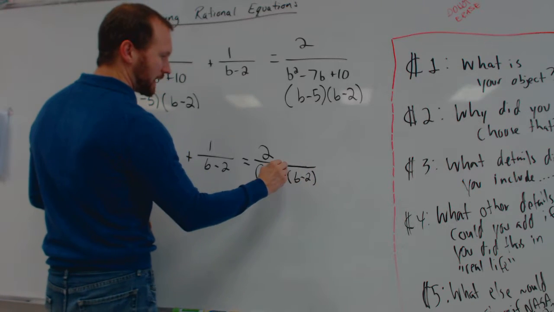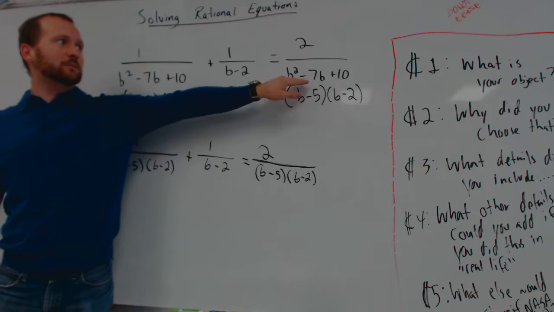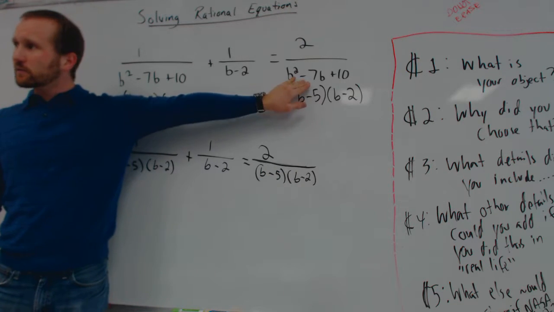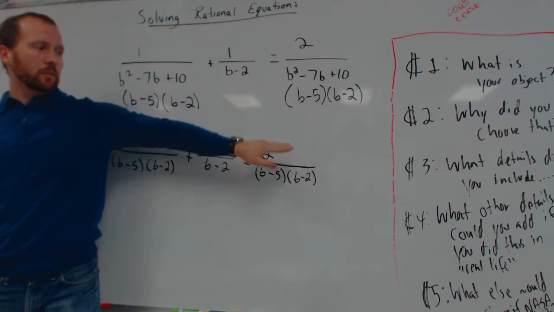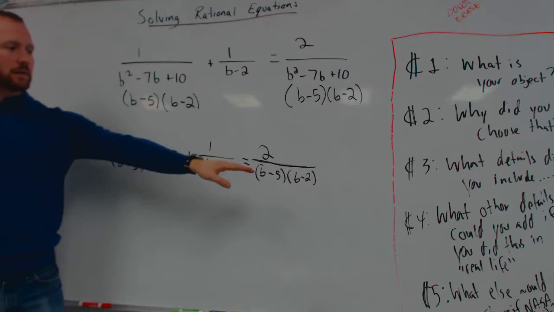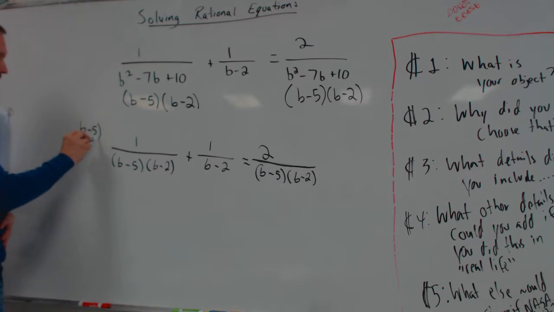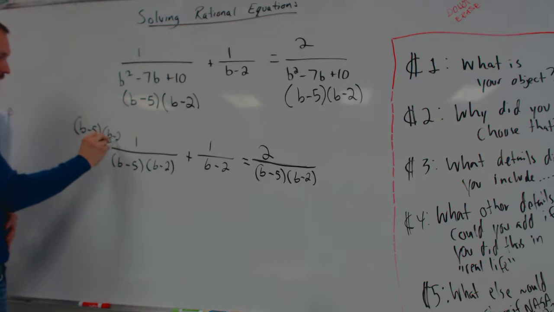This is what I really have, because b minus 5 times b minus 2 is b squared minus 7b plus 10. Those are the same thing. So I'm going to multiply every term times b minus 5, b minus 2.